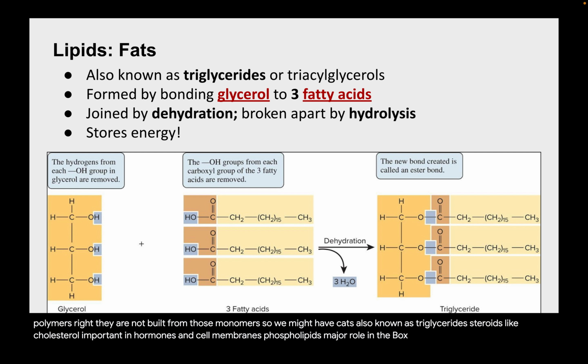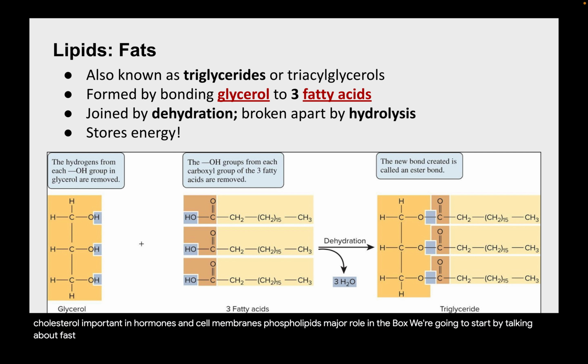We're going to start with that top one there. We're going to start by talking about fats. So how are fats different from the other lipids? Well, fats, also known as triglycerides, are formed by bonding a glycerol molecule to 3 fatty acids. So we have our glycerol molecule.